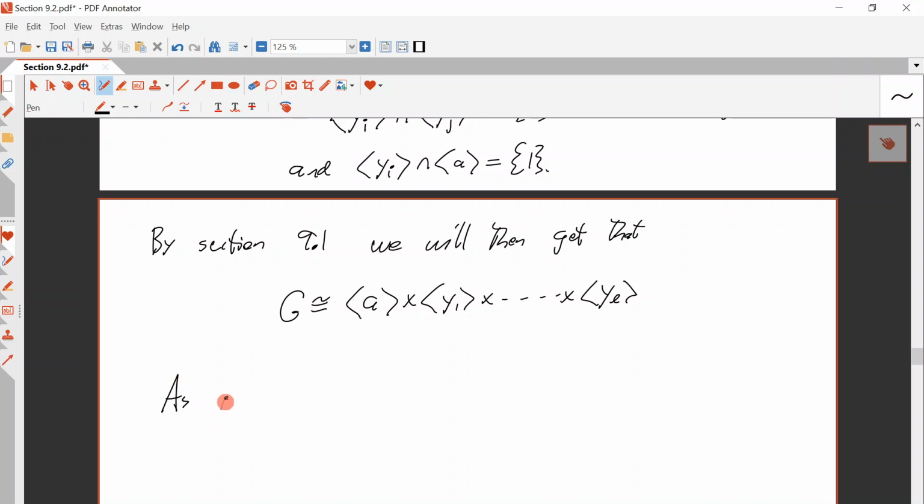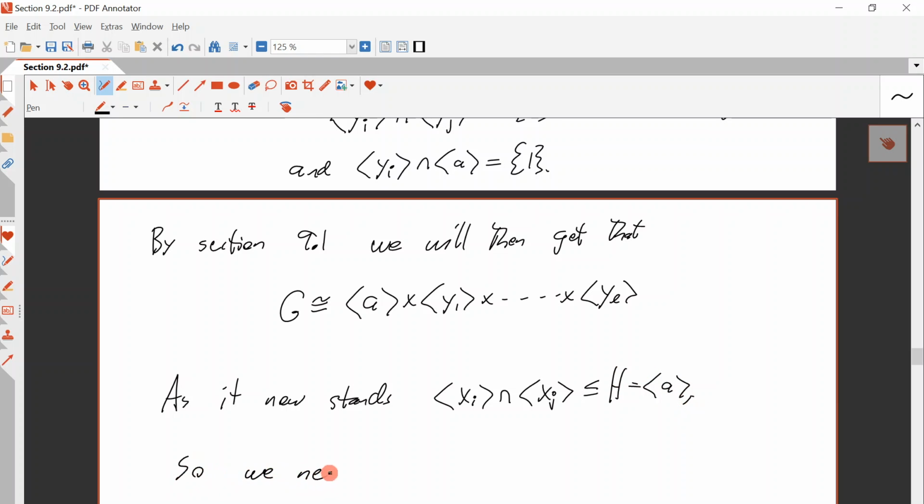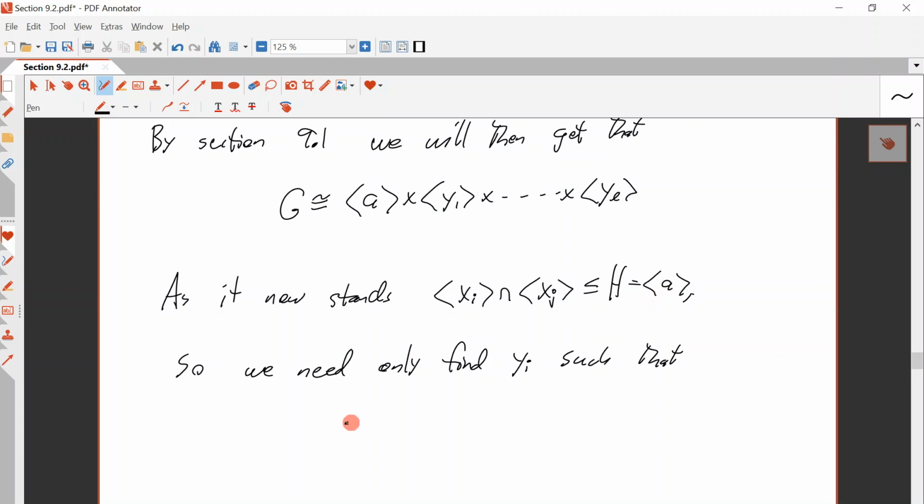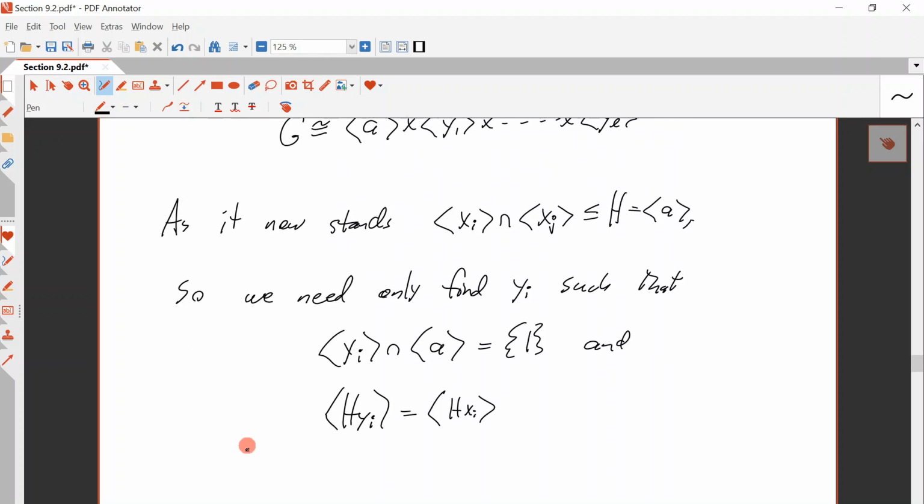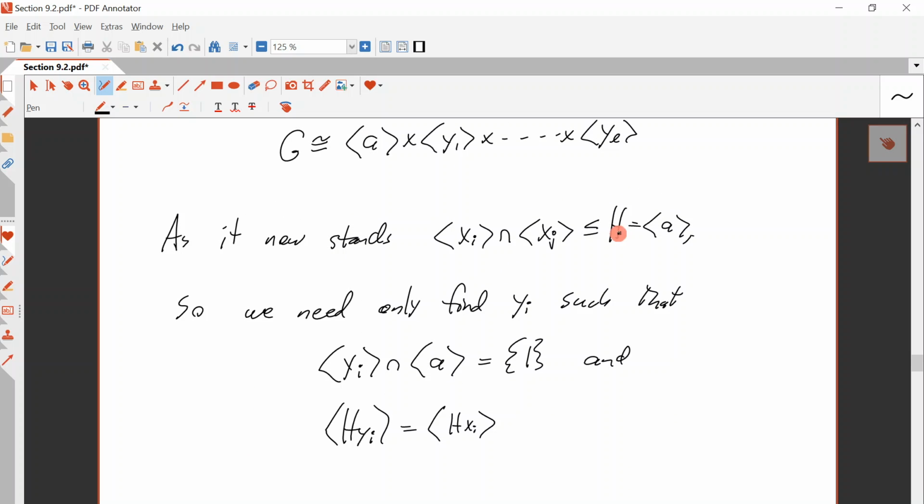As it now stands, xi intersect xj is going to be a subgroup of H, which is a cyclic subgroup generated by A. So we need to find yi such that yi doesn't intersect H, except in the identity, and hyi equals hxi.